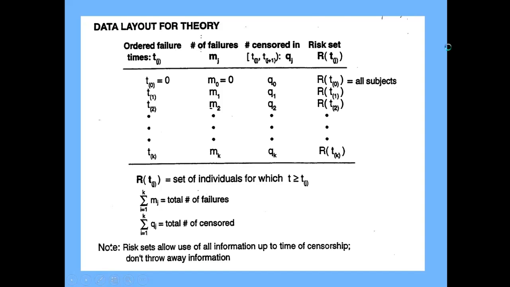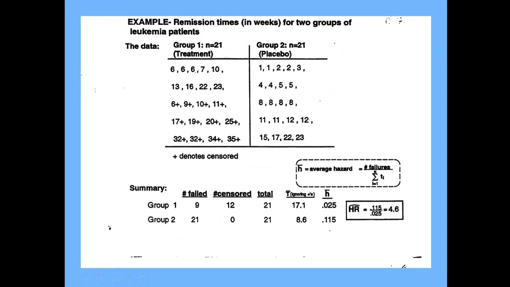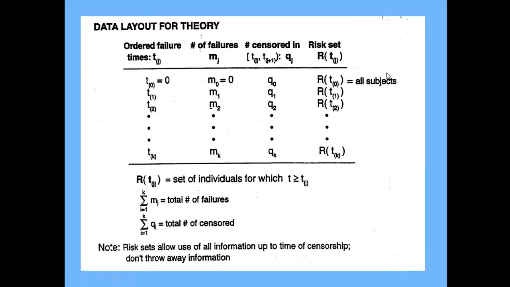What's M sub 1? 3, right? There were 3 people that failed at that first failure time. So T sub 1 is 6.